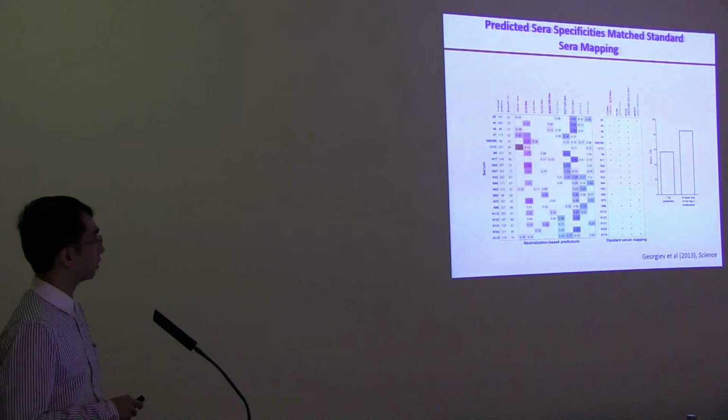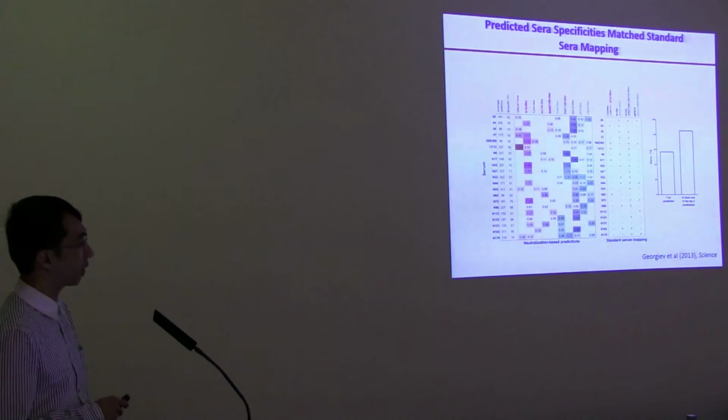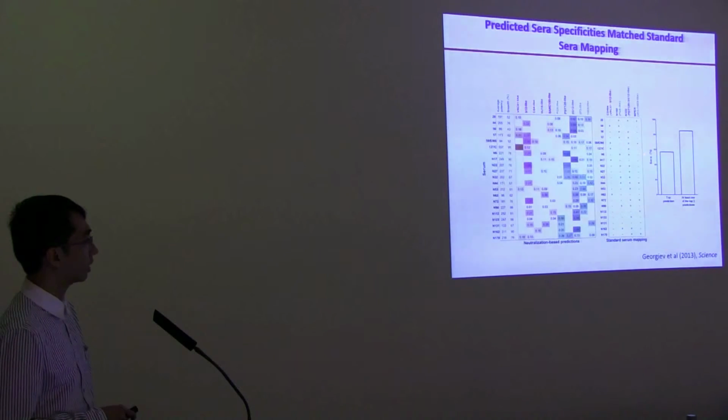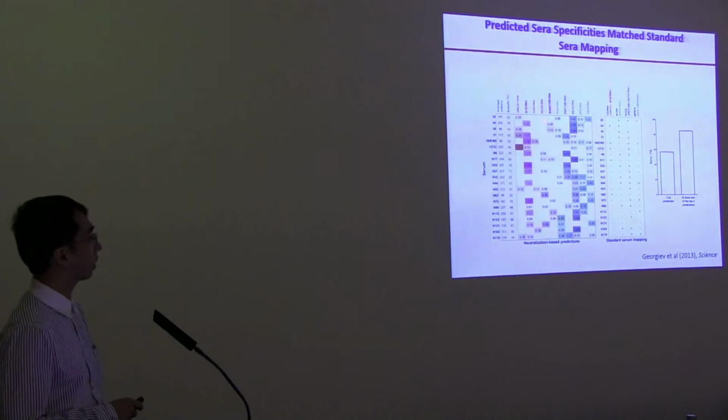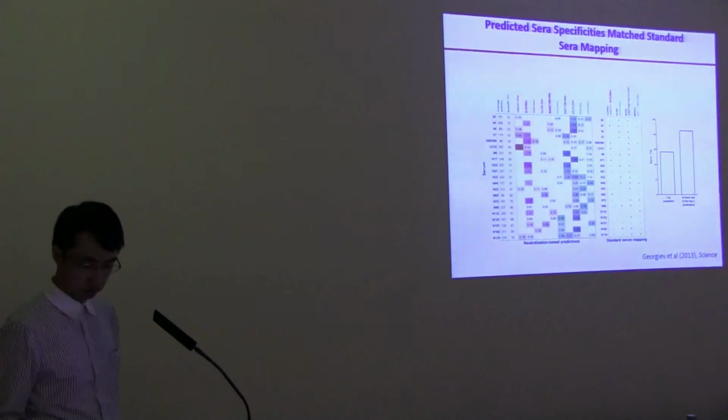As a result, you can see that in more than 85% of the cases, one of the top two specificities that the computational algorithm picked up was validated as a true positive by the experimental mapping methods, suggesting there is some degree of correlation between the computational method and the experimental mapping methods.